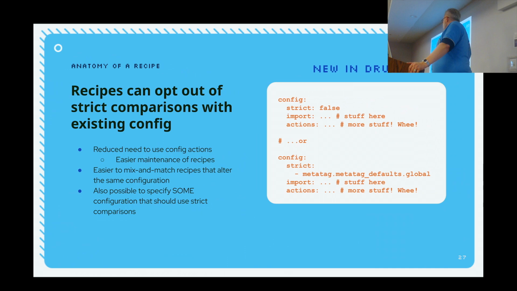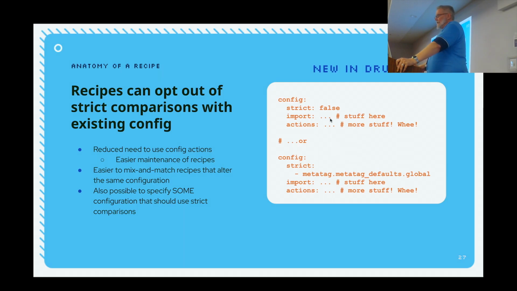By default, recipes tend to use this sort of strict comparison. So if you provide, let's say, the definition of a content type, and there's already a content type by that name that has different configuration, then the recipe will basically throw an error and refuse to apply.